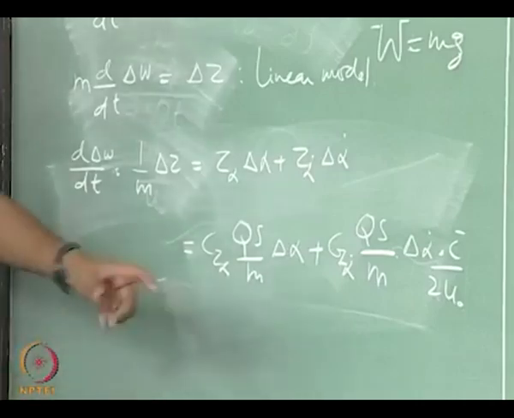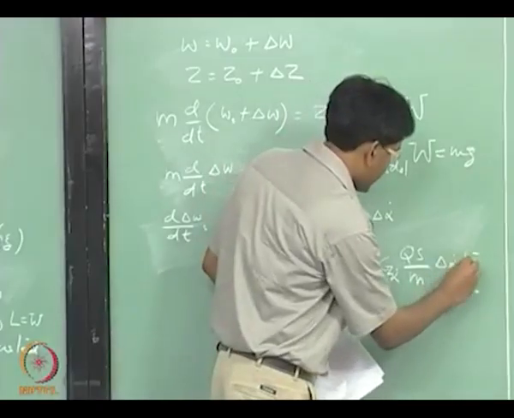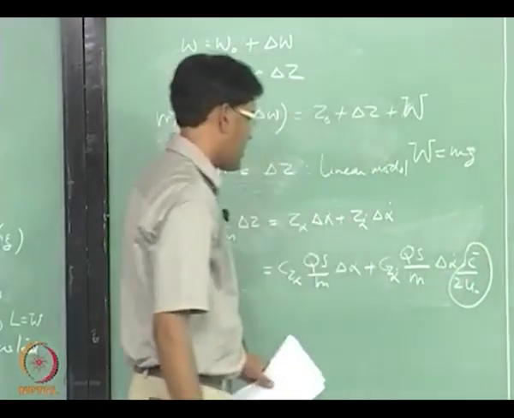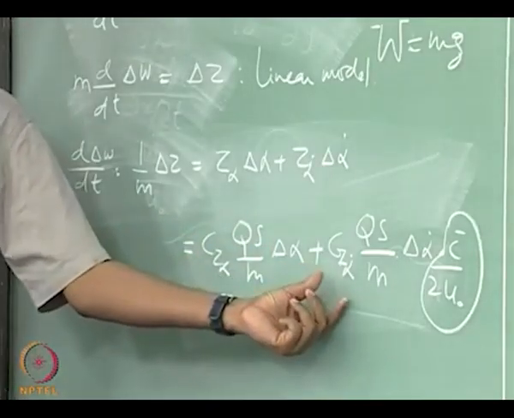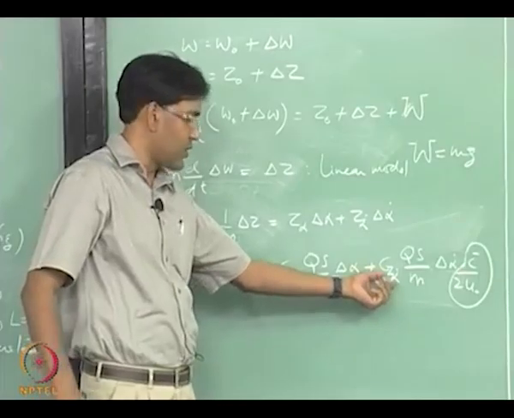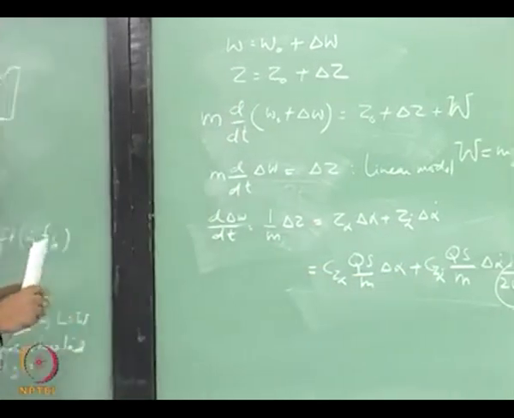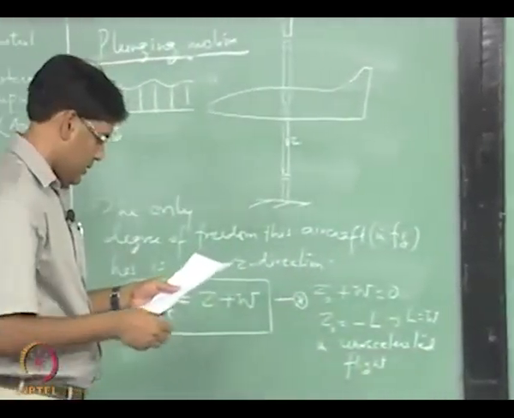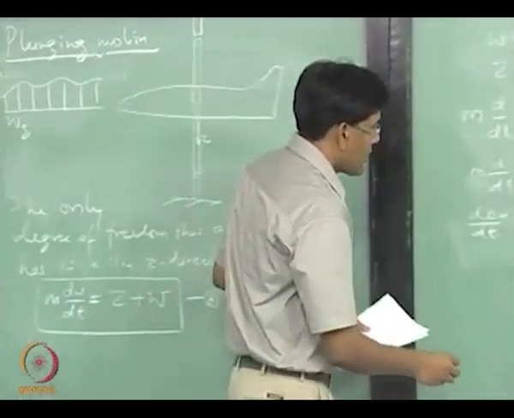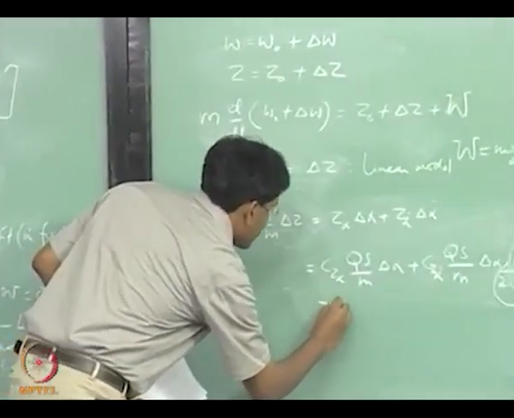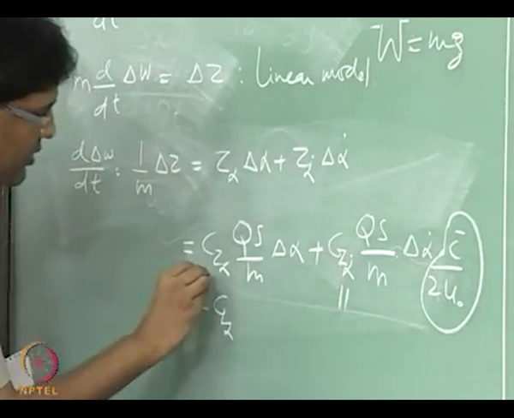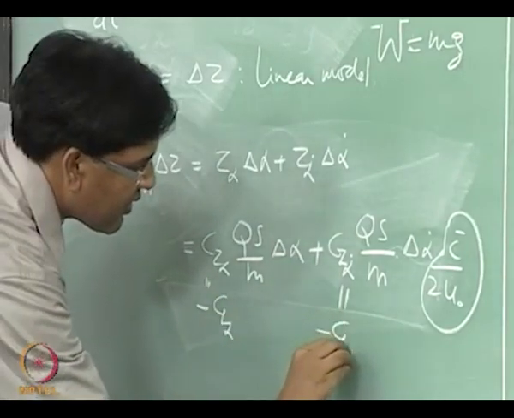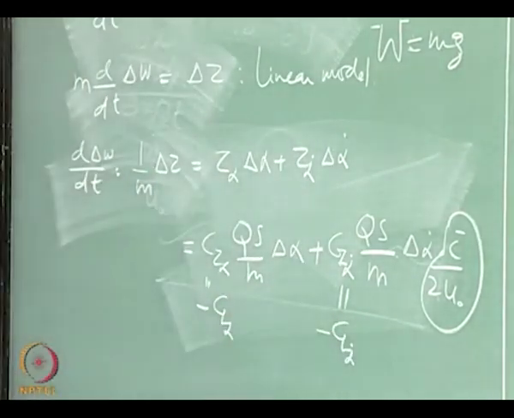So, we are using this factor to non-dimensionalize this number, right, which otherwise will have a unit because of this alpha dot. It is also equal to minus of CL alpha minus of CL alpha dot.